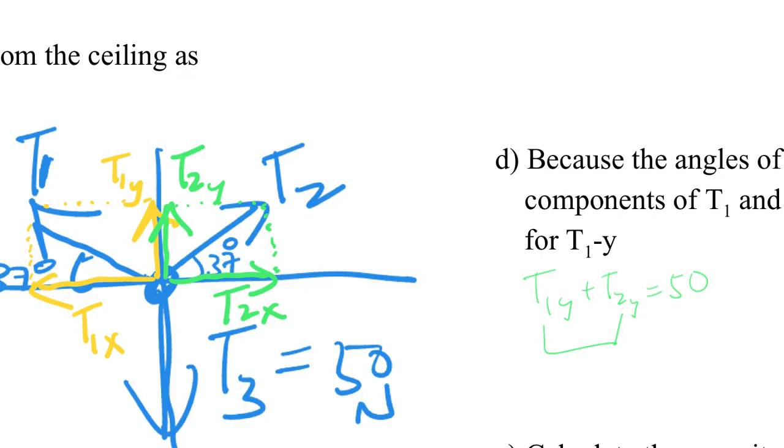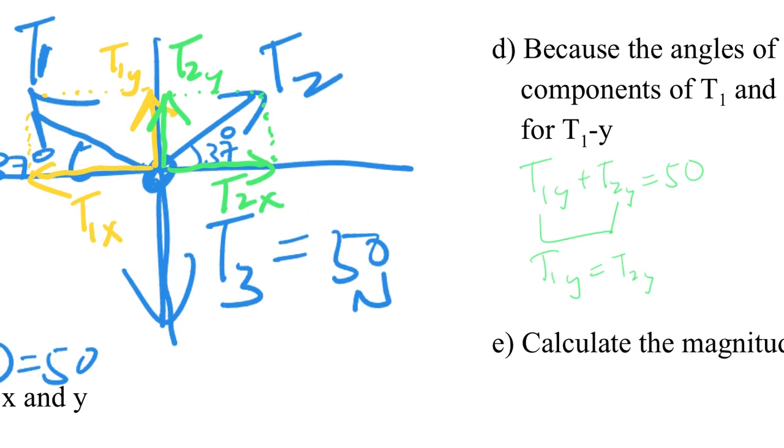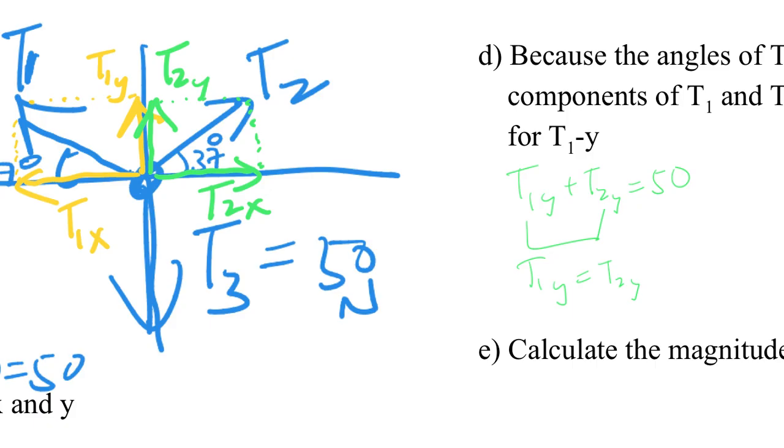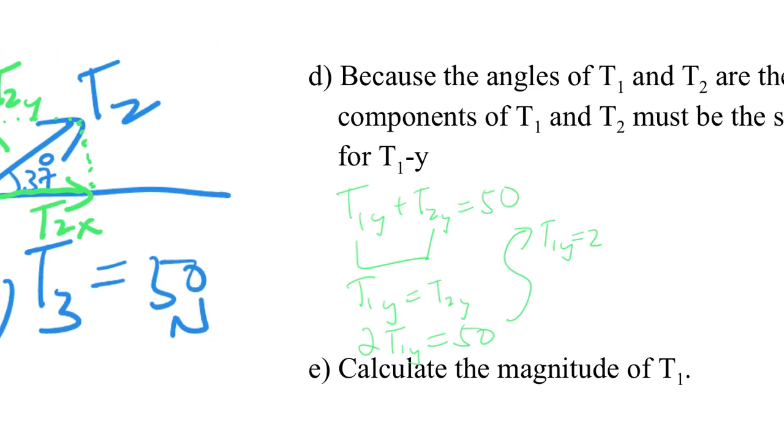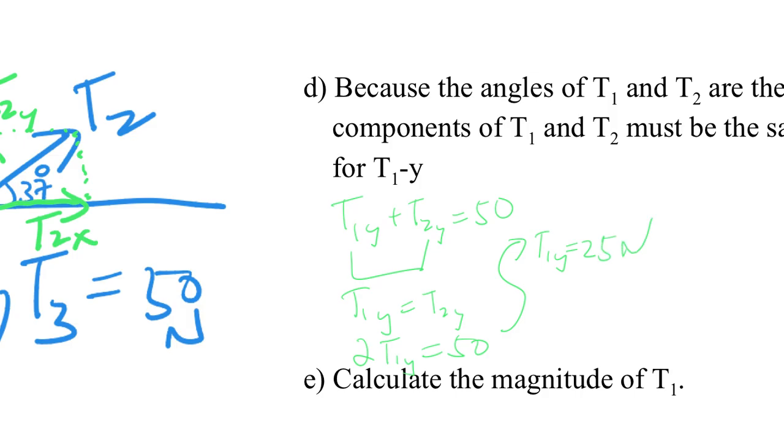So really, each one of them is half of the 50, because T1y equals T2y. We can say that T1y equals 50 over 2, so T1y equals 25 newtons. And because of what we just said, T2y equals 25 newtons. Each of them takes half the weight.